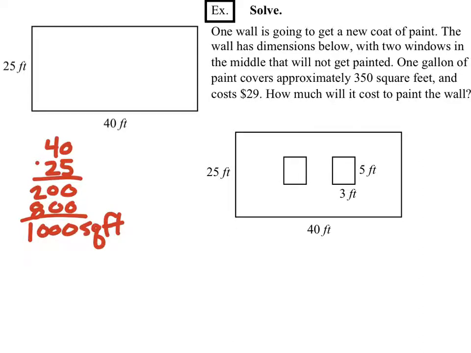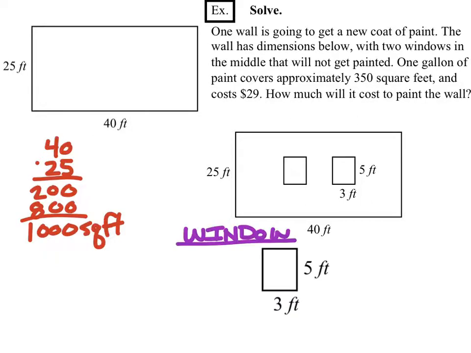Now according to this diagram, and I suppose it didn't really say, but we get to assume then that both of the windows have the same dimensions. Now this is one window, right? There's 2 of these, so whatever area I get out of this, I'm going to multiply it by 2. So I've got a 5 by 3 window, which is 15 square feet.